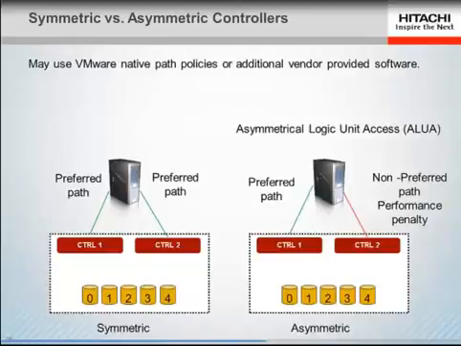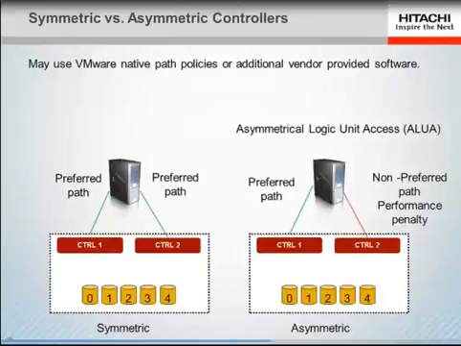With symmetric, on the lower left, we see that both paths are preferred. There's no penalty for an I/O going to controller 1 or controller 2. We'll get equal throughput, equal response time, and an equal number of IOPS by going to either controller.